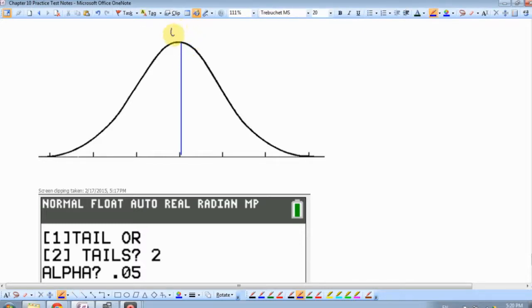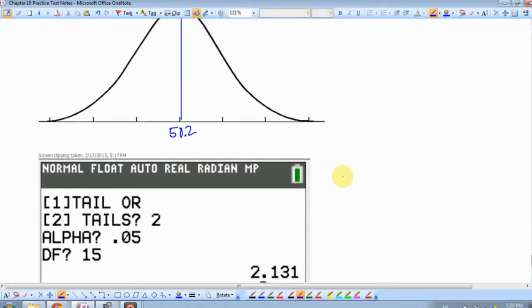T is equal to 0, and that's going to be at 58.2. And here at 2.131 is going to be our rejection, and then negative 2.131. This is our rejection region.